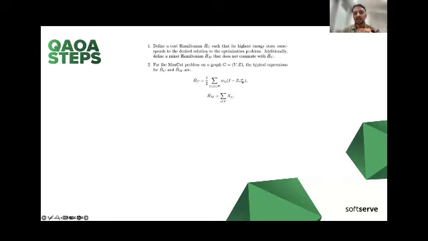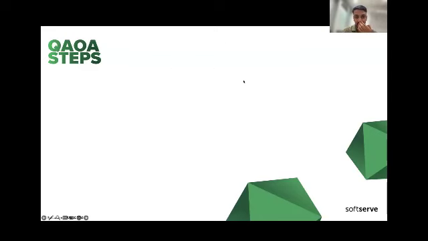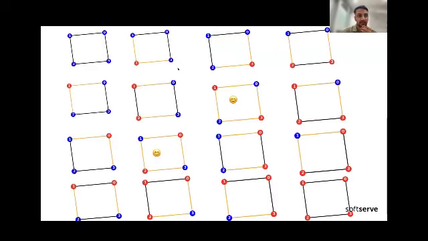It does make sense because if Z_i and Z_j both have the same eigenvalue, then this term would be +1, and then 1 minus that would be 0, when acting on a state. Let me go back to my graph.